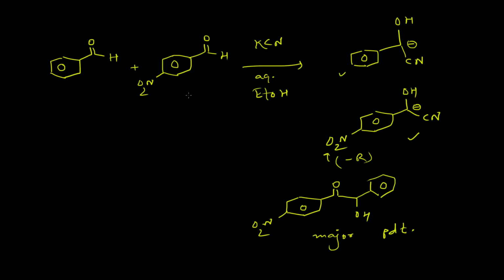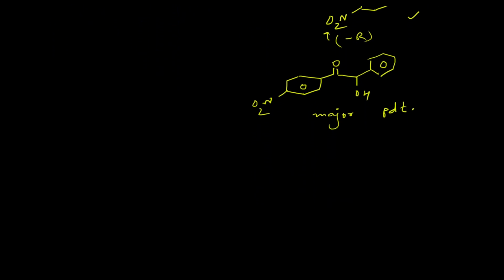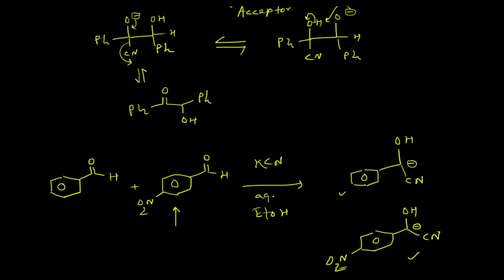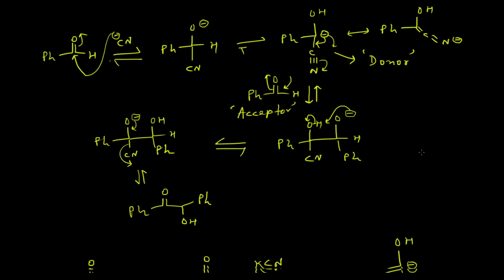So like that, if two different aromatic aldehydes are there, you can easily guess which product will be the major product by comparing their substitutions on the benzene ring, right? Now one interesting thing is that since the benzoin condensation is reversible, all the steps are reversible.